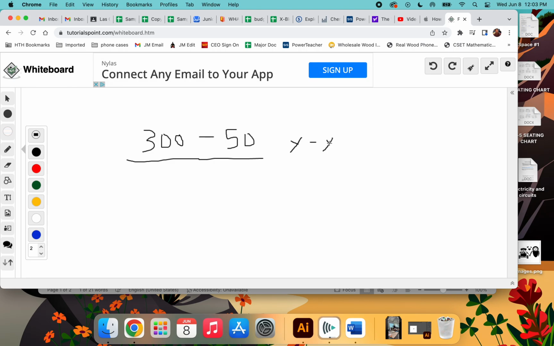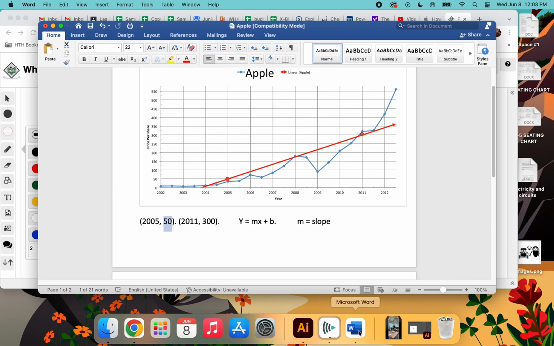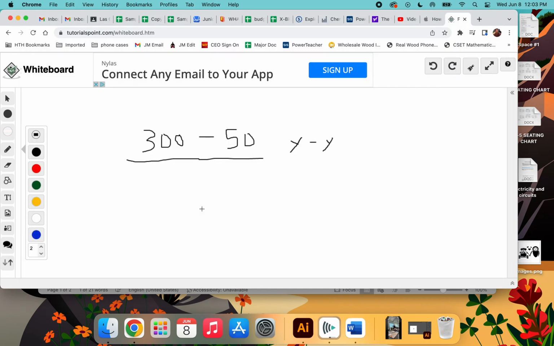The x's were 2005 and 2011, so I go 2011 minus 2005 on the bottom, because that is the x minus x.